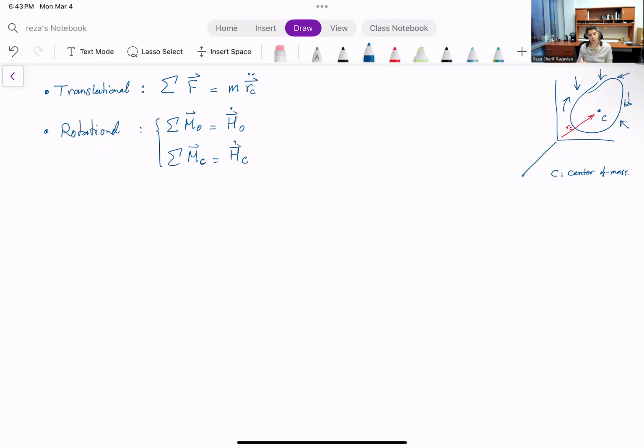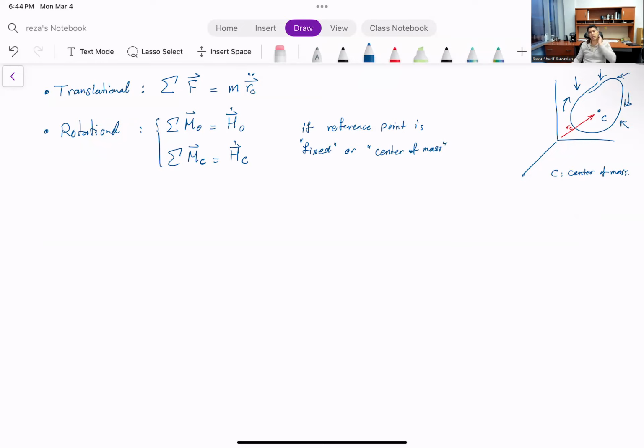And this exact form of equation only works if the reference point is fixed or is the center of mass.